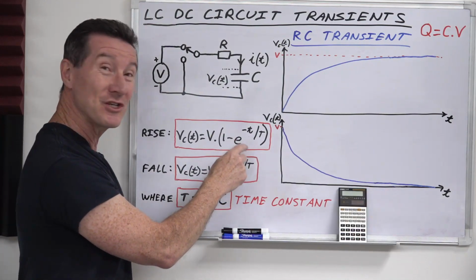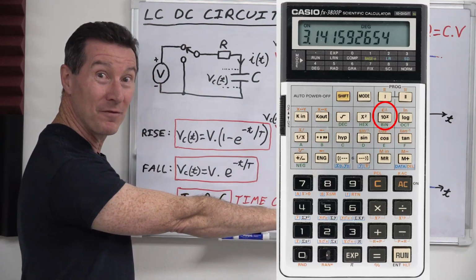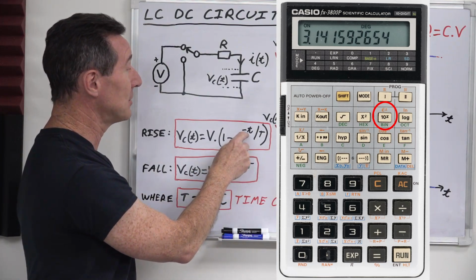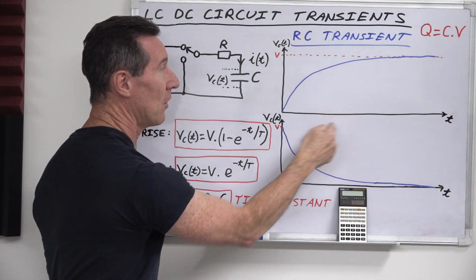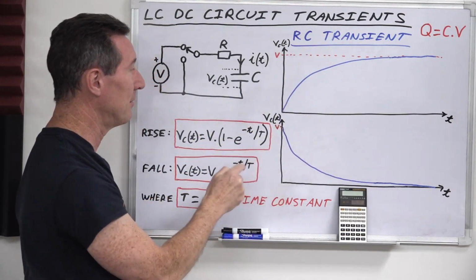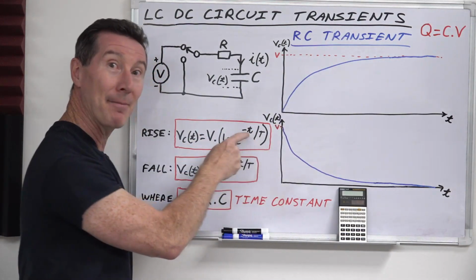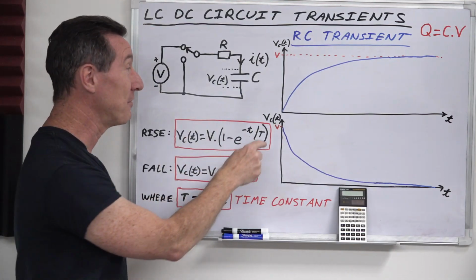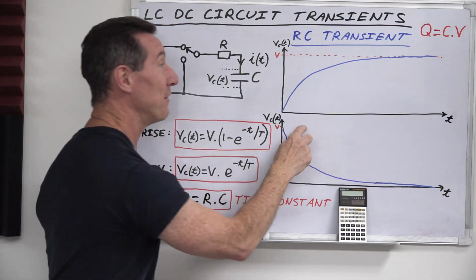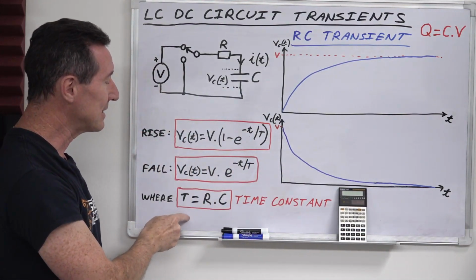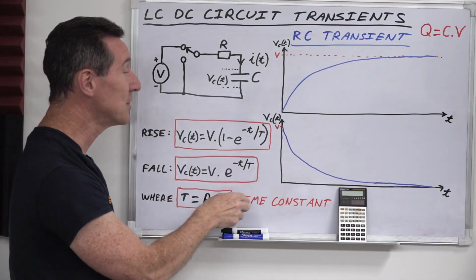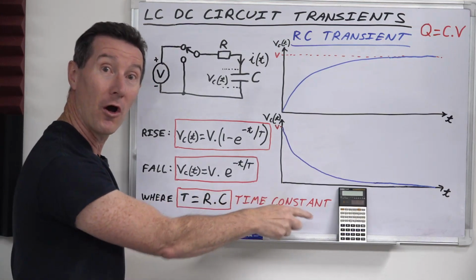That exponential function is that e to the power of x on your calculator, to the power of minus t, so minus whatever the time period is you're talking about, divided by capital T. Not the same thing. Capital T is not the time here, that's little t like this. Capital T is actually R times C, and this is called the RC time constant.